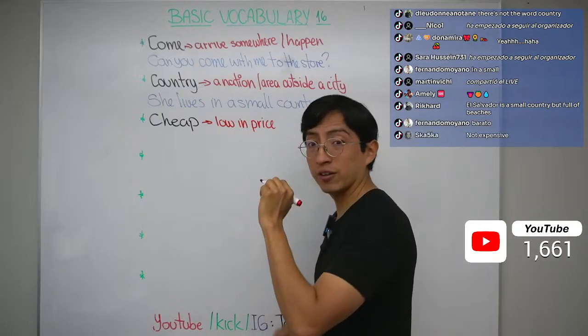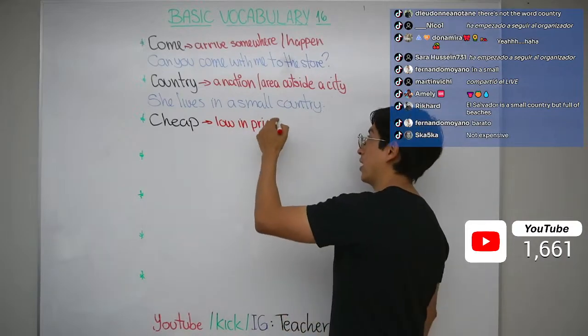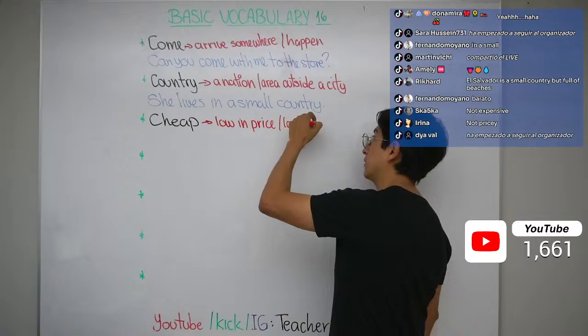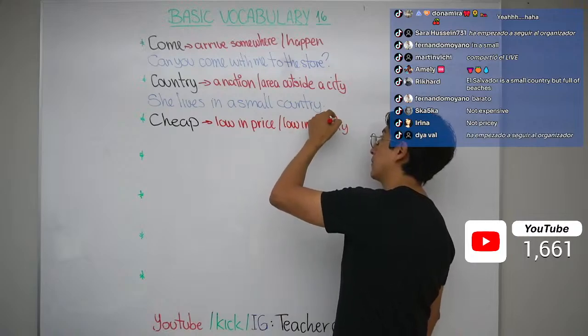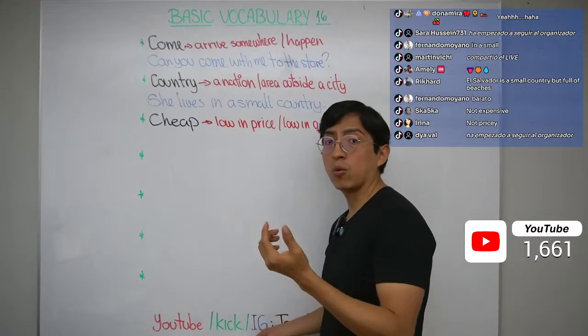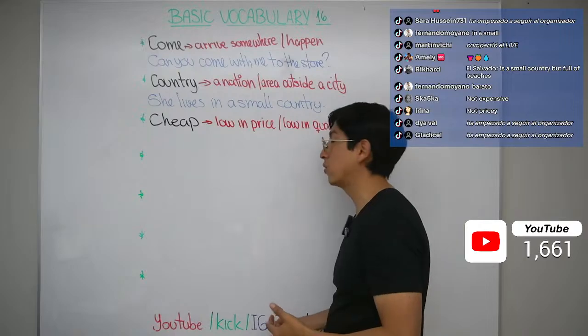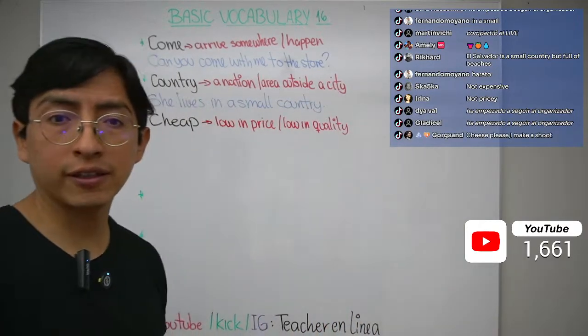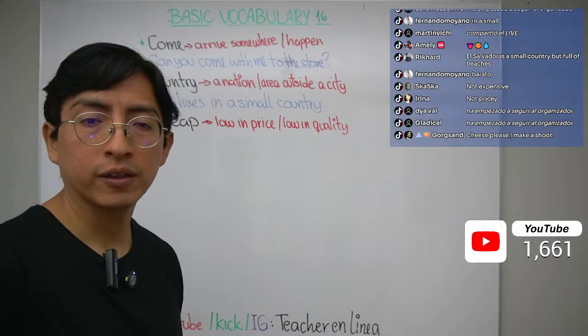Okay, this is the first meaning, low in price. And the second one is low in quality. Okay, low in price and low in quality, or low in value too.